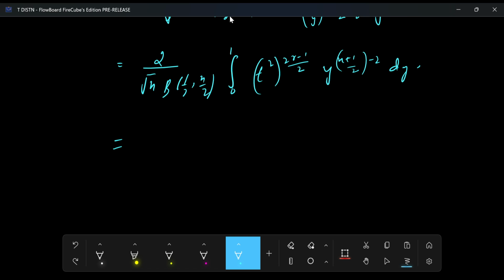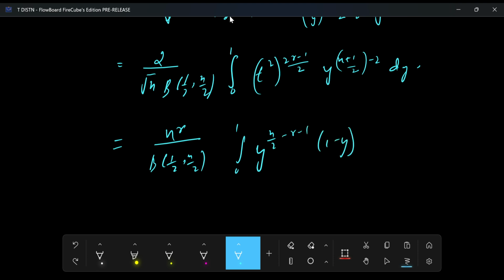Now this will be equal to n^r upon beta 1 by 2 comma n by 2, integral from 0 to 1. I'm just rearranging the terms and nothing else. You can refer to the FMS for this too. y^(n by 2 minus r minus 1), (1 minus y)^(r minus 1 by 2), dy, and this will be equal to n^r gamma, after solving this.